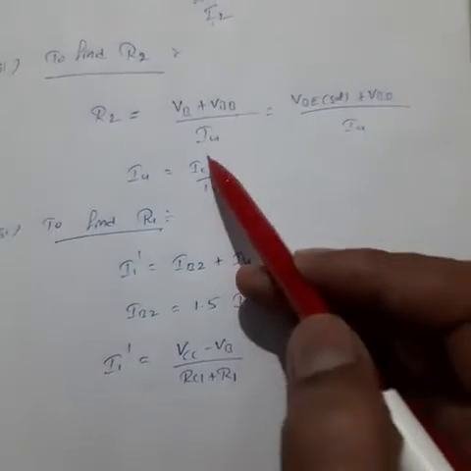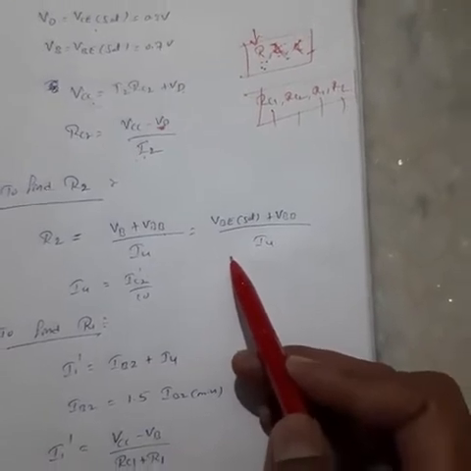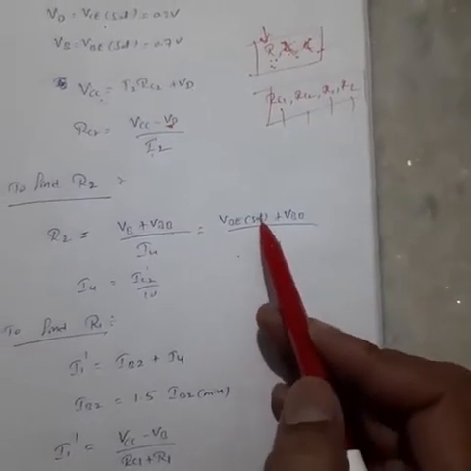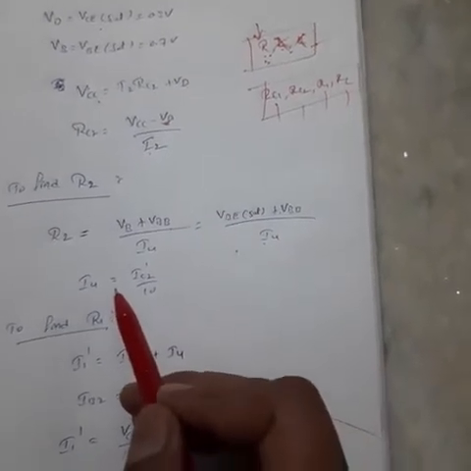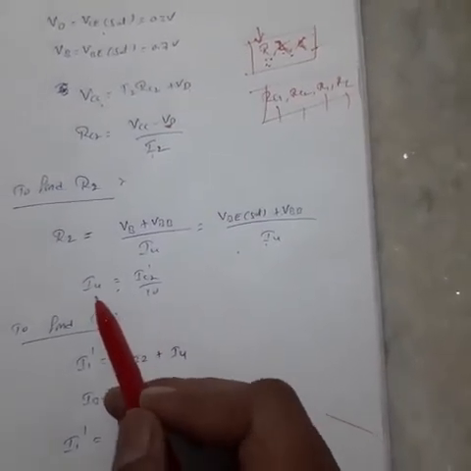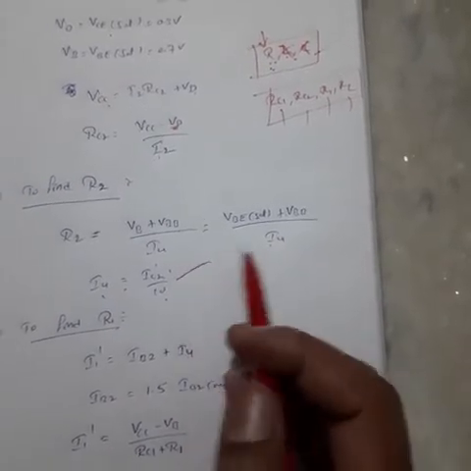VB means transistor base emitter voltage, that is VB saturation. And from the designing specifications, I4 equal to IC2 by 10. This is the assumption.